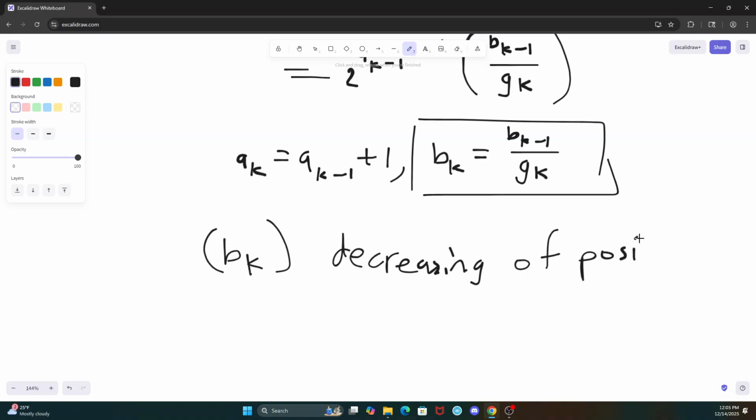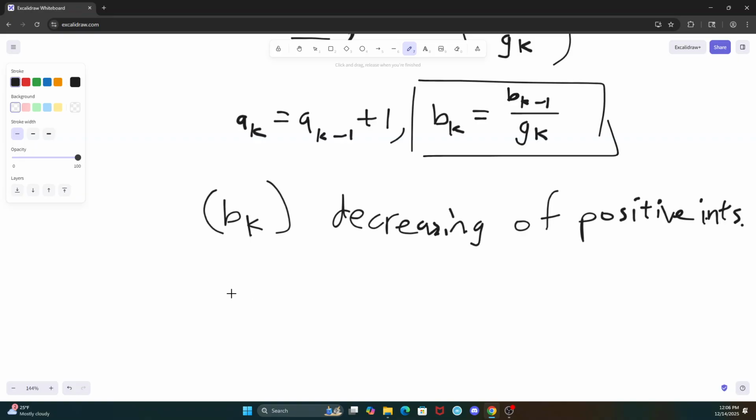And that's important to note, because it's a decreasing sequence of positive integers, it can only decrease a finite number of times, because it must always be at least 1. So if we have b sub k is greater than b sub k plus 1, this can only happen for a finite number of k.